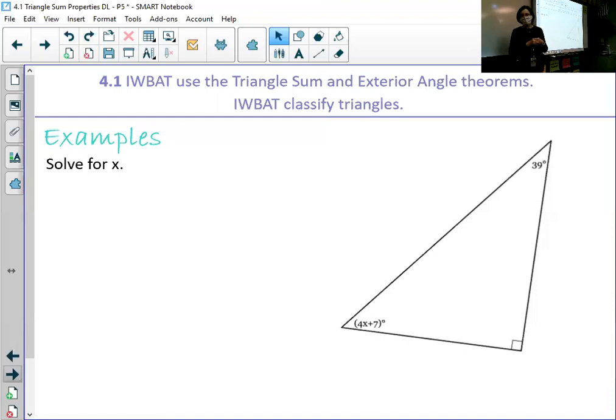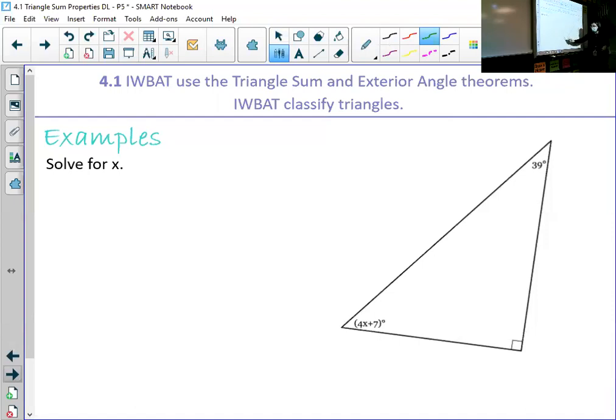In the classroom, or if you're at home, feel free to unmute. What do we know about these angles in the triangle? What do we know about all of those? Yes, all of them equal 180.